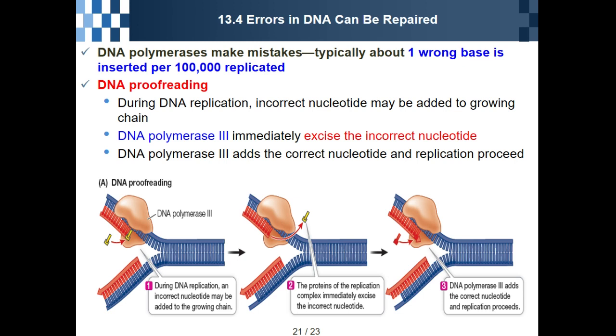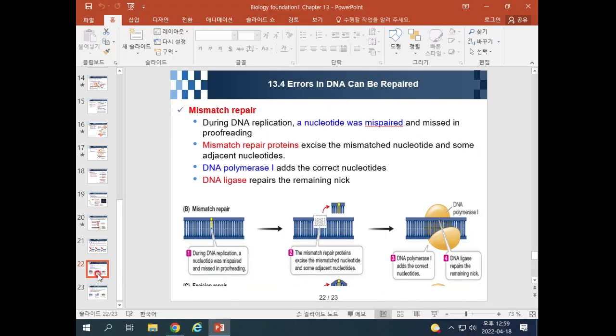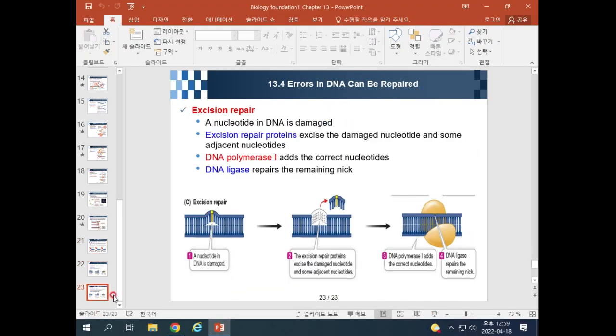Usually one wrong base out of 100,000 bases replicated, 100,000 base pairs replicated, a mistake happens. So usually there are 3 mechanisms: DNA proofreading, mismatch repair, and excision repair.